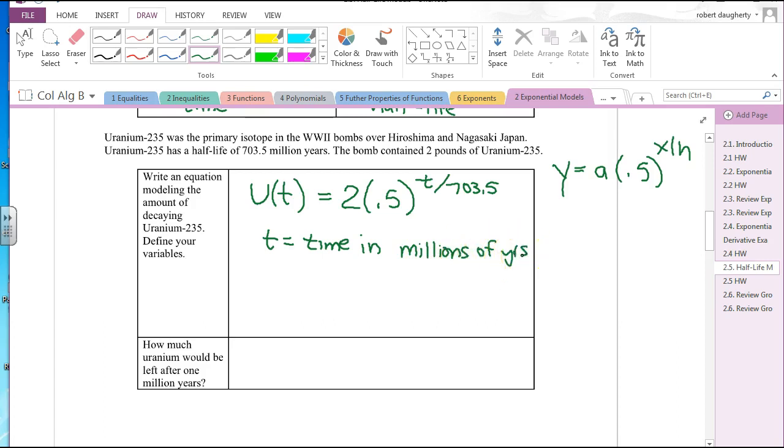That's what t is, okay? And then u is just going to be the amount of uranium measured in what? Pounds, okay?